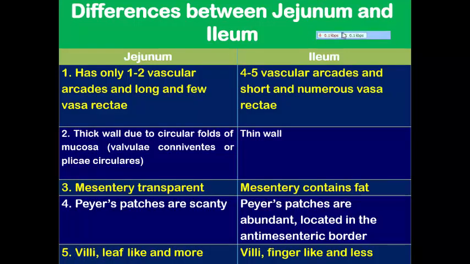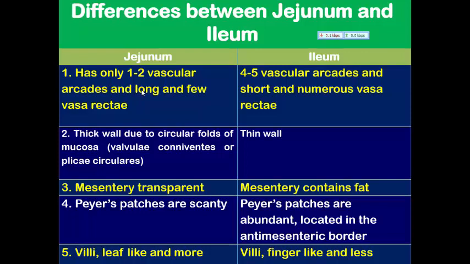The difference between the jejunum and ileum: the jejunum has only 1 to 2 vascular arcades and long, few vasa recti, while the ileum has 4 to 5 vascular arcades and short, numerous vasa recti.